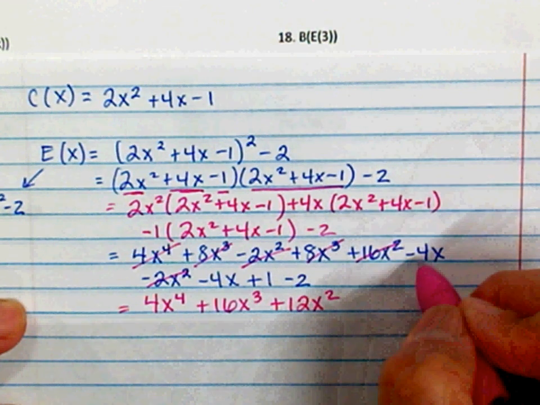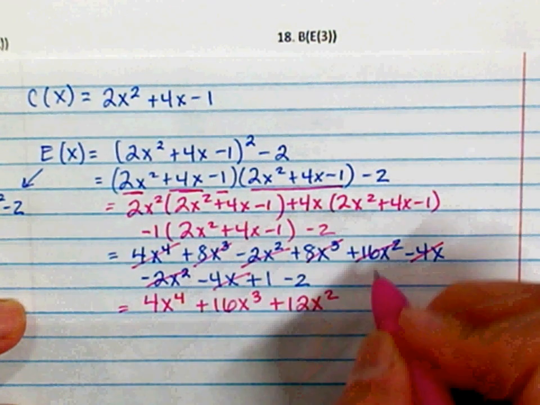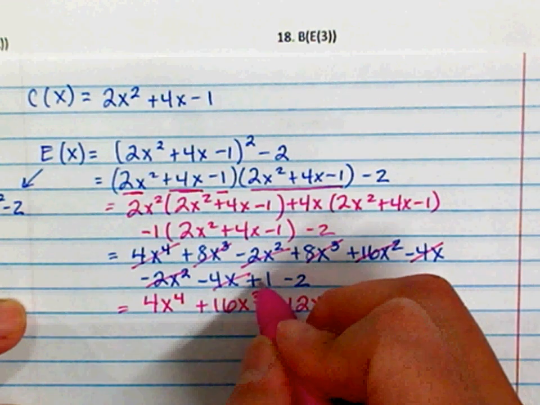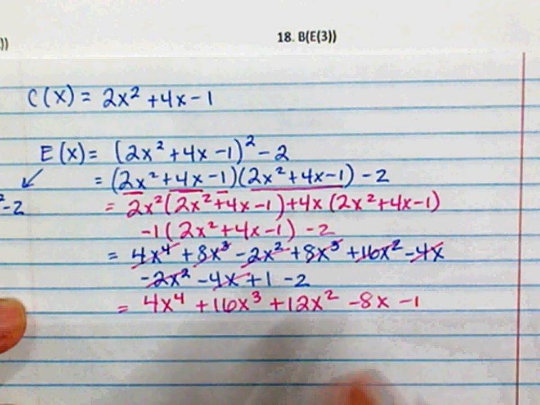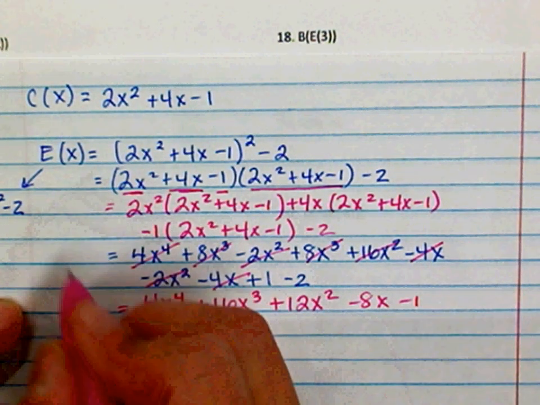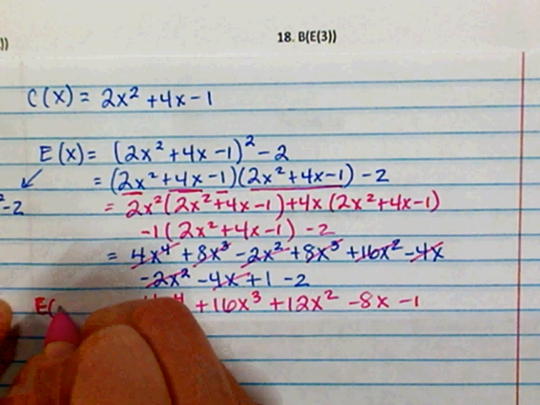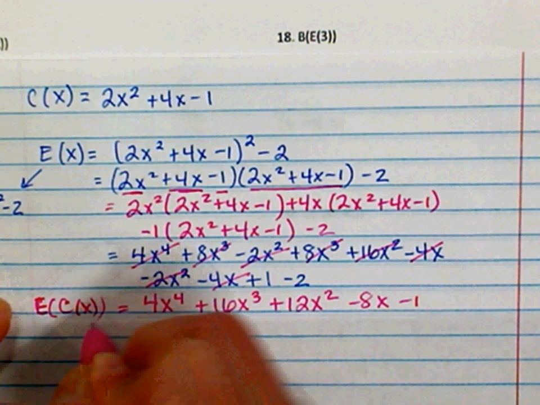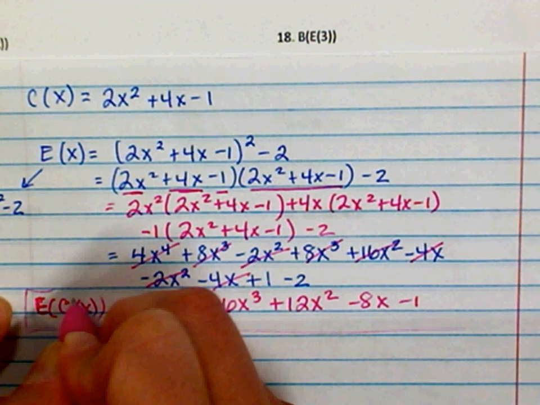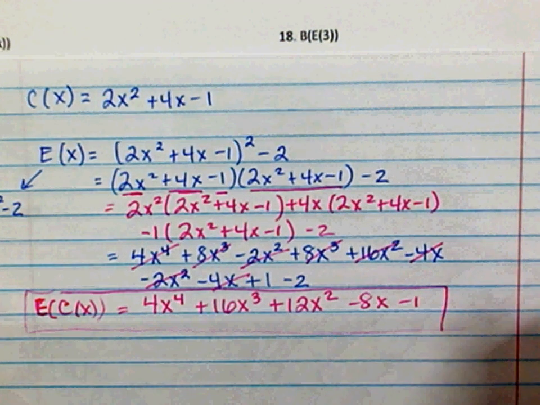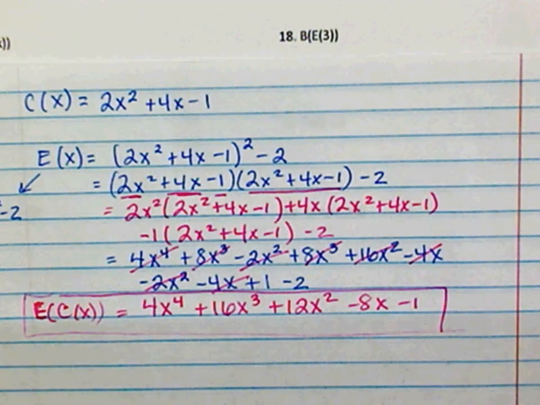Negative 4x minus 4x is negative 8x. And 1 minus 2 is negative 1. Can you combine anything else? Nope. So E of C of X, and there you have your answer for number 8. This is number 8.